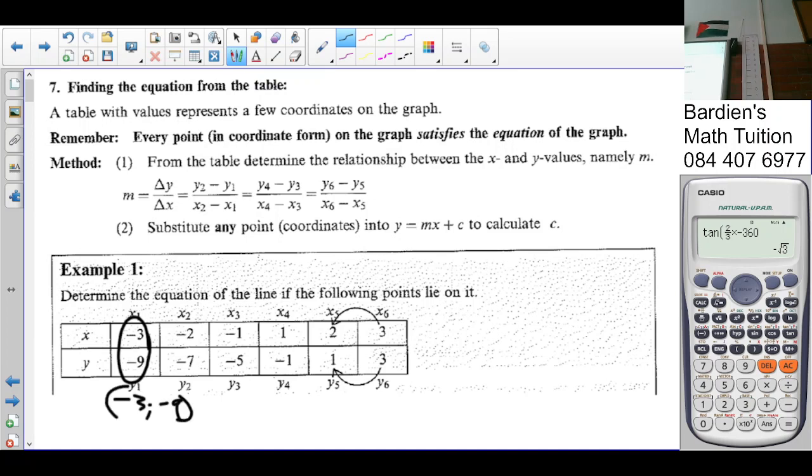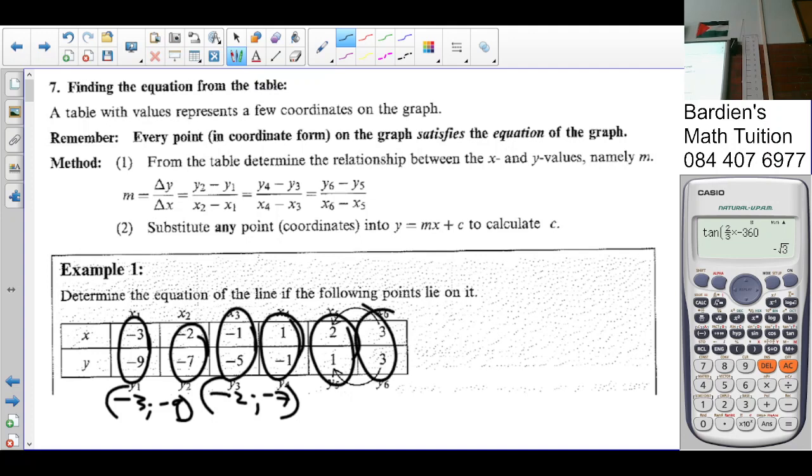This is -2 and -7. That is -1 and -5. This is -1 and -1, 2 and 1, and so on. So from a table, an x and a y together form a coordinate.